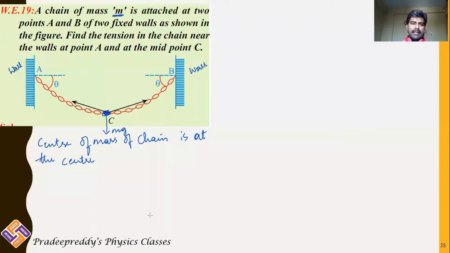As a result, net force at position C is balanced with each other. And this is tension in the string and this is tension in the string. So because gravitational force is pulling this chain in downward direction, but the tension in the string is balancing the gravitational force. As a result, this would remain in translatory equilibrium.